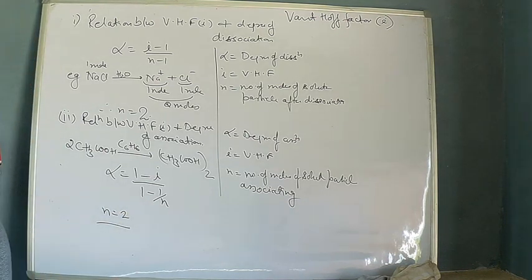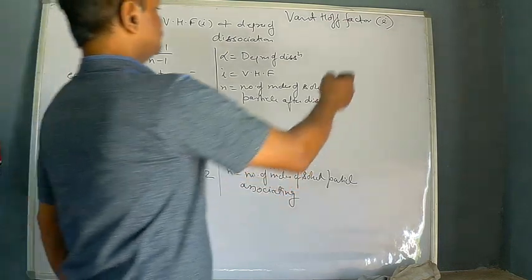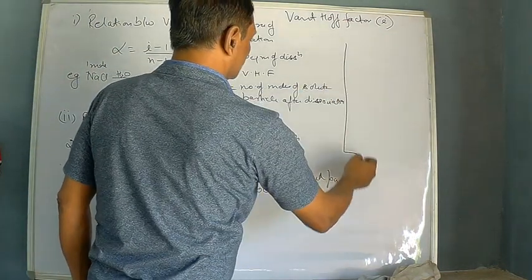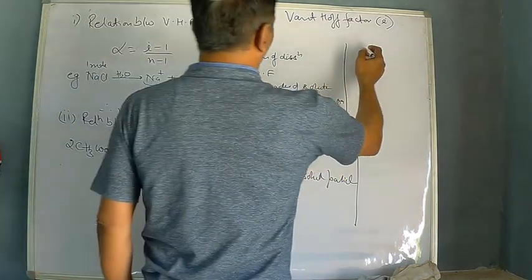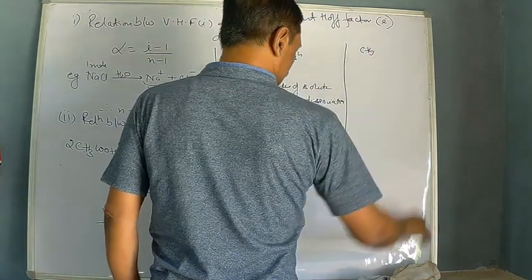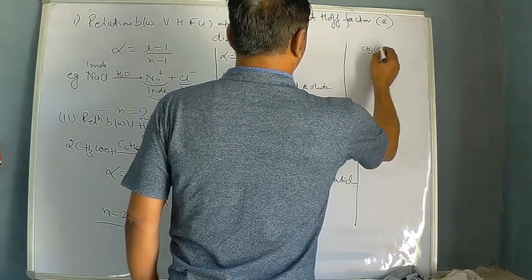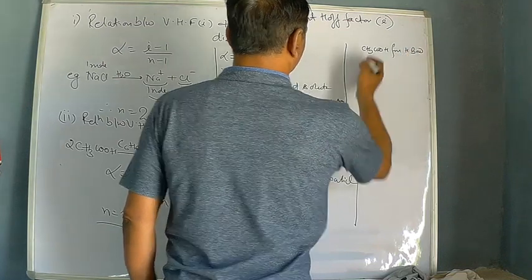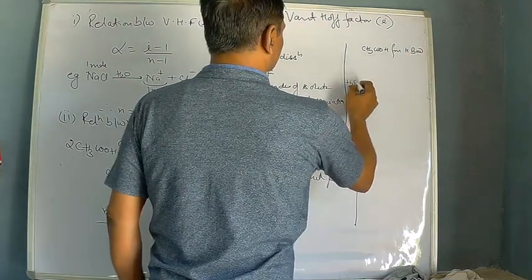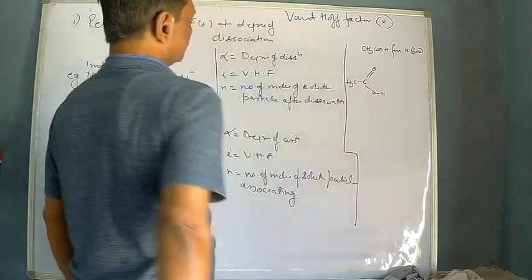Now students, question comes, how does this acetic acid dimerize in benzene? So, I'll explain it over here. Acetic acid forms hydrogen bond. Acetic acid forms H bond. See how? See, 1 mole of acetic acid.